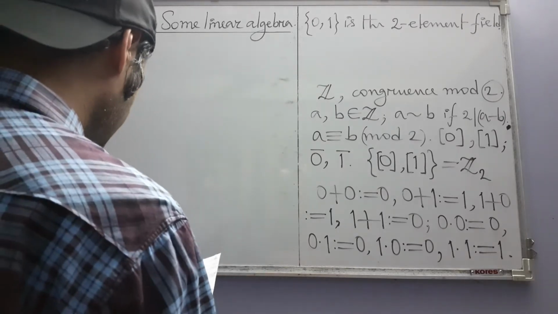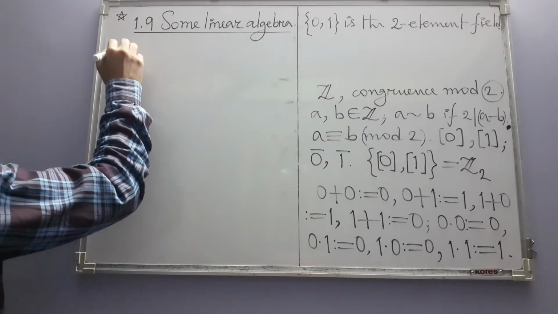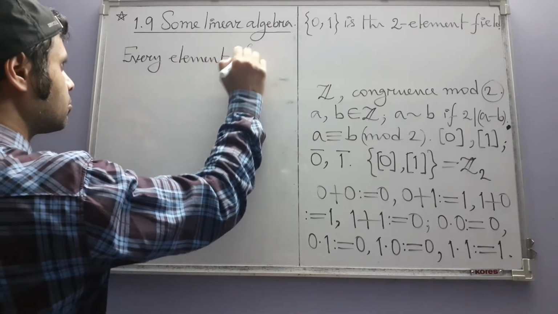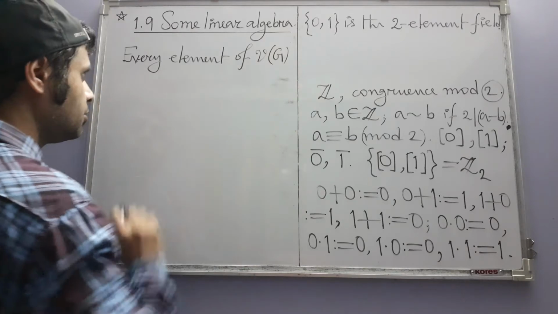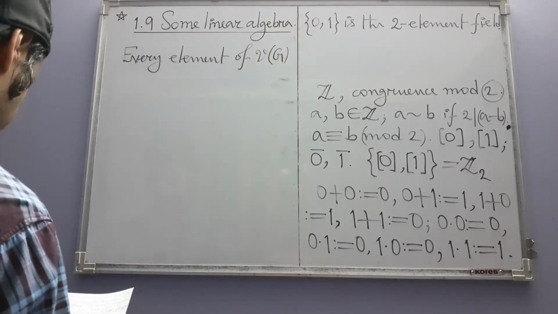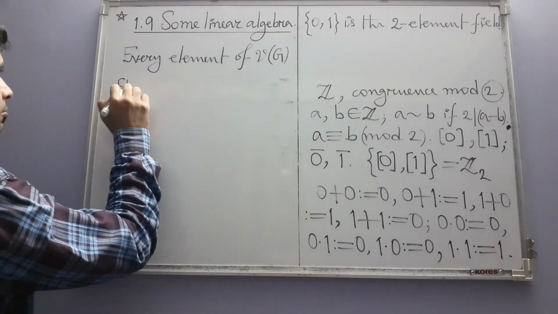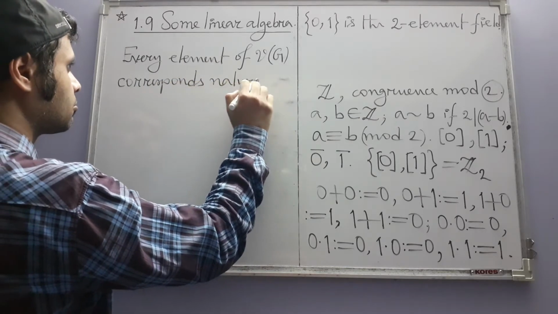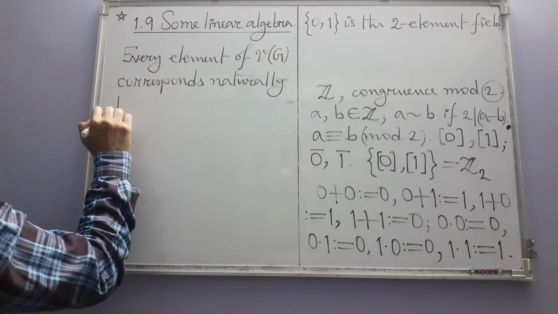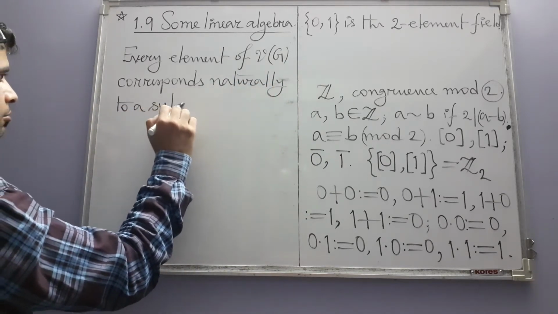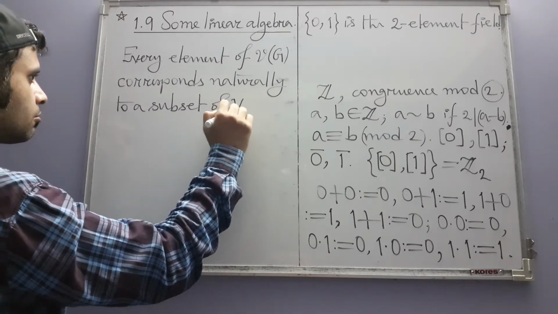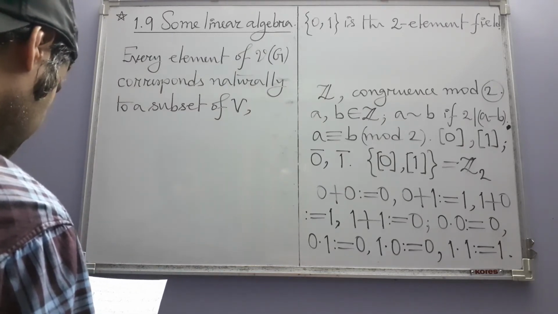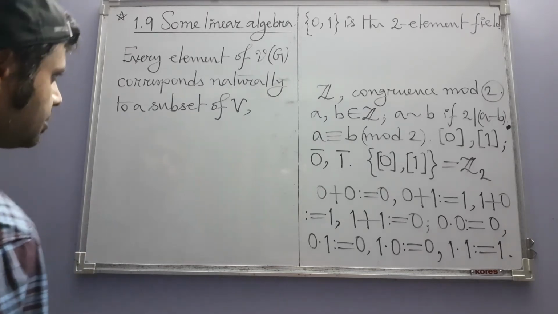So Diestel writes like this: every element of our vector space nu of G corresponds naturally to a subset of V. And in fact, which subset, that also he says: the set of those vertices to which it assigns 1.